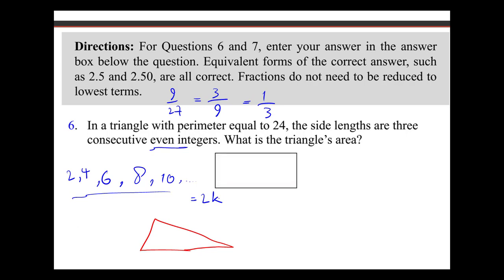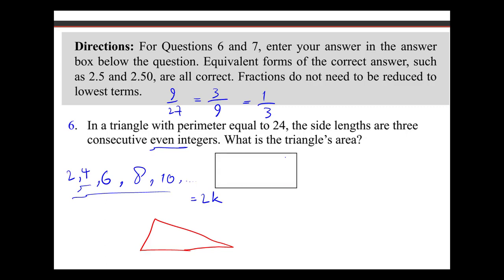Put k equal 1. 1 times 2 is 2. K equal 2. 2 times 2 is 4. K equal 3. 3 times 2 is 6. K is 4, this kind of even integers. And they are consecutive. So if one is 6, the other is 8, the other is 10. If one is 8, the other can be 10 and the other can be 12.